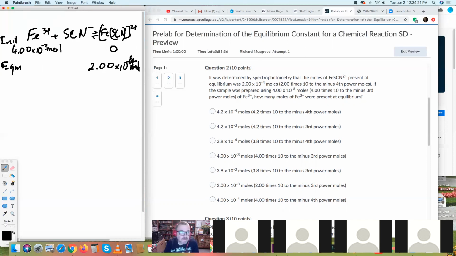So it would be the difference between these that would tell you how much Fe3+ was left at the end. If you subtract this from this, that'll give you the equilibrium value. So it'll be the equilibrium FeSCN2+. It's very similar to what we did in class for that K question when we were doing that.